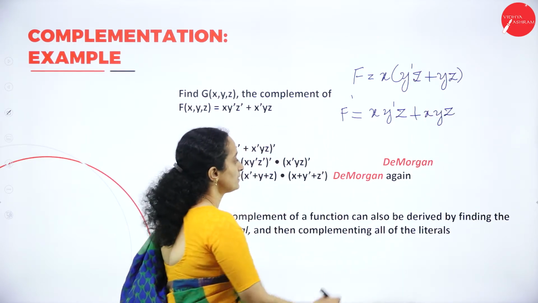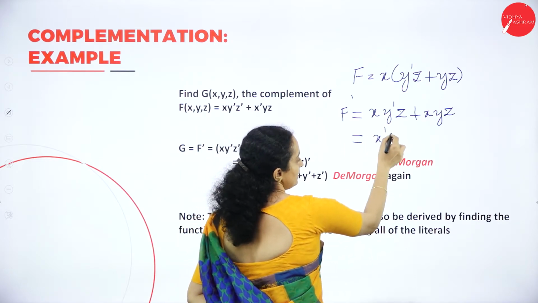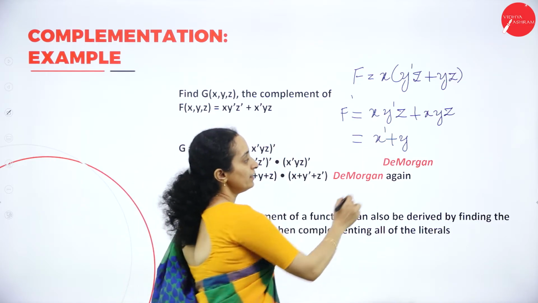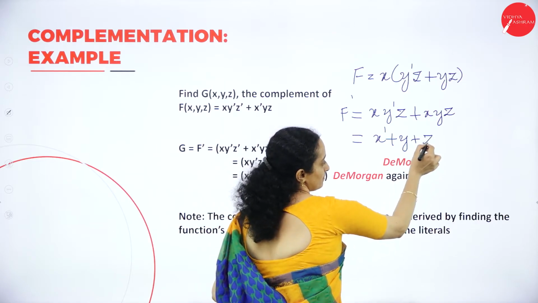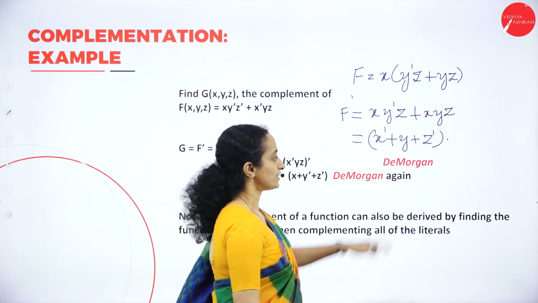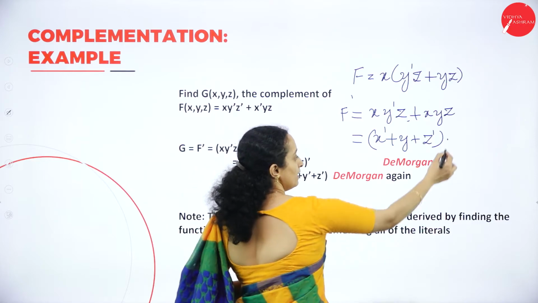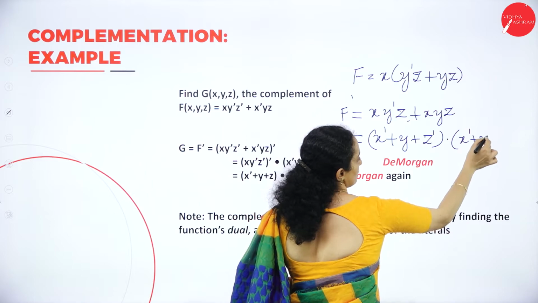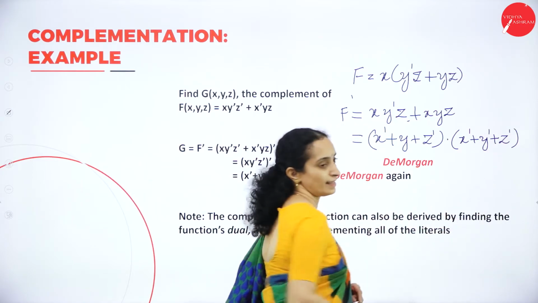Okay. So, this can be used to find the complement: x dash plus y, x dash plus y plus z dash into, this plus will be converted to multiplication operator. Next we have x dash plus y dash plus z dash.